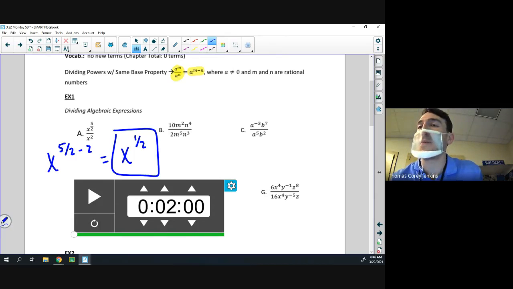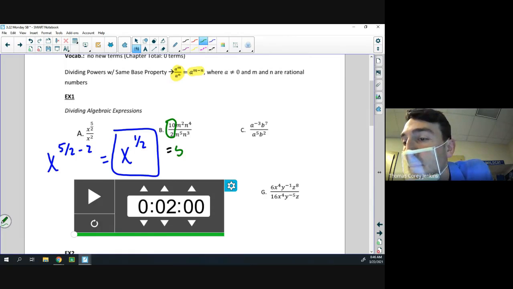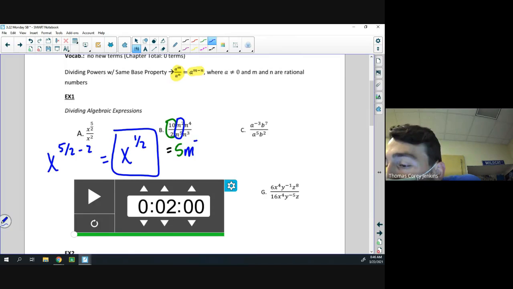Looking at example 1b, we want to go part by part, like we normally do. My coefficient is going to be 10 divided by 2, that'd be 5. My power of m is going to be 2 minus 5, not 5 minus 2, right? So that'd be negative 3. Then my power of n is going to be 4 minus 3, which is 1.